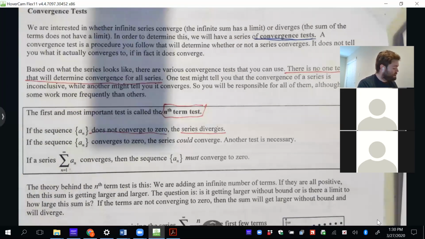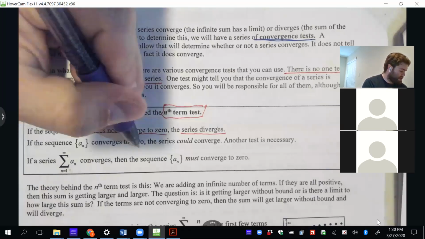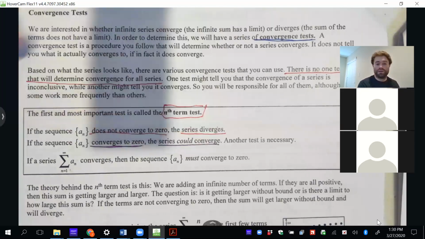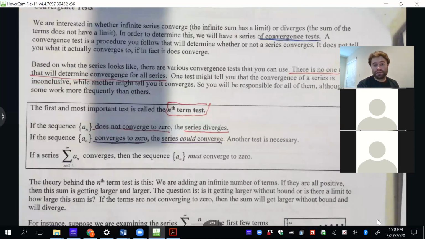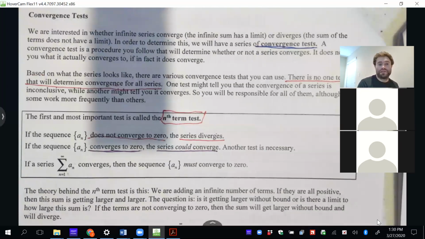And then, if the sequence does converge to zero, the series could converge. So essentially, this test is just eliminating obvious divergent series.